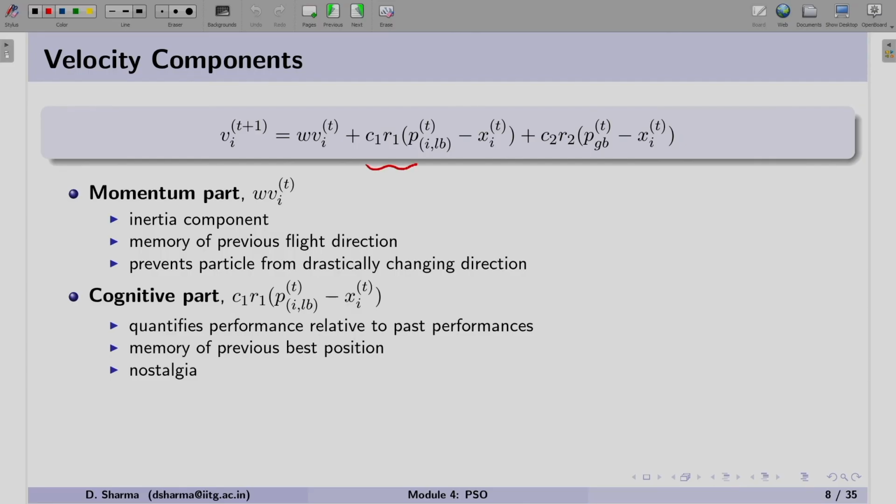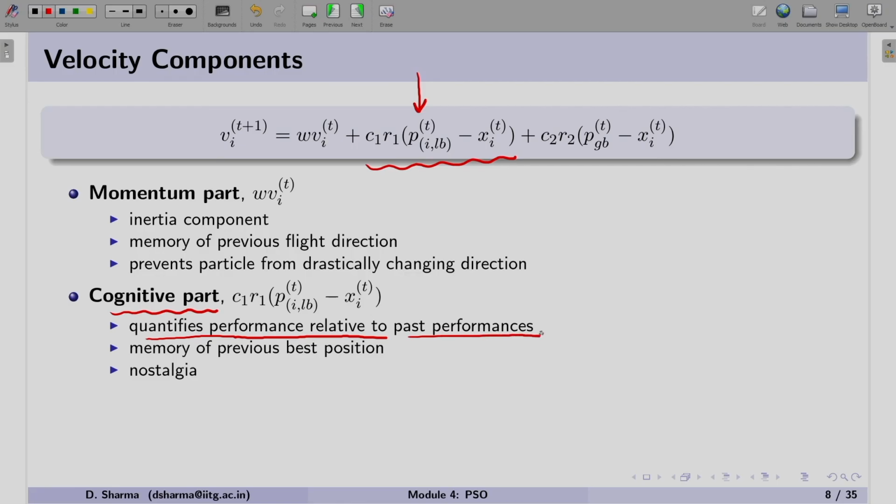Now, come to the second component. This second component is referred to as the cognitive part. It is because we always have this component which is called the local best of each particle. It says that it quantifies performance relative to the past performance.